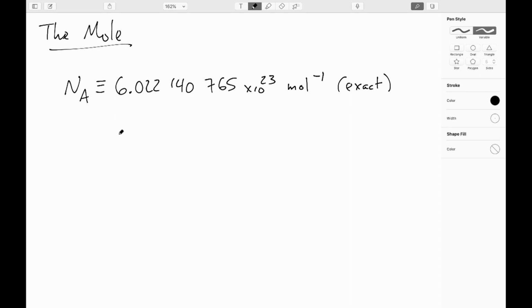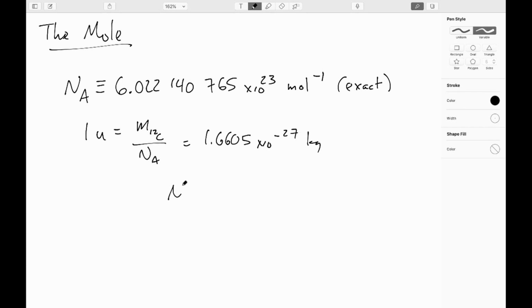But still, the atomic mass unit is still defined to be the mass of a carbon-12 atom over Avogadro's number. And so that works out to be 1.6605 times 10 to the negative 27 kilograms.